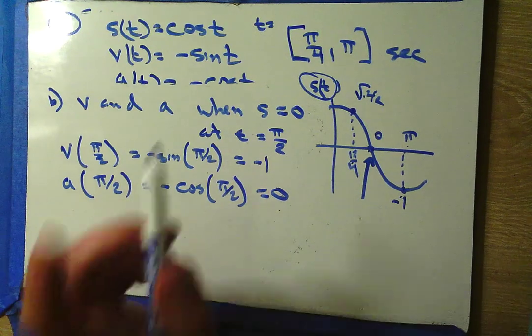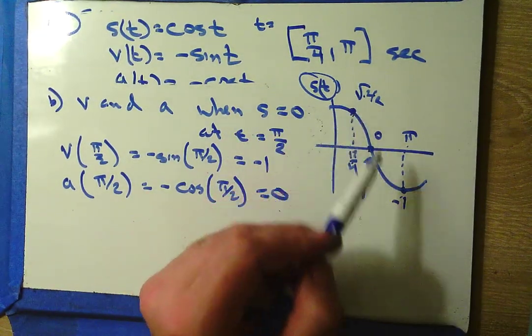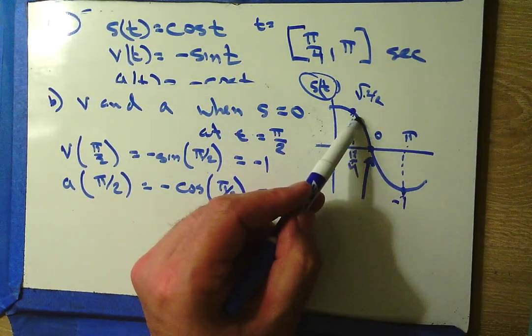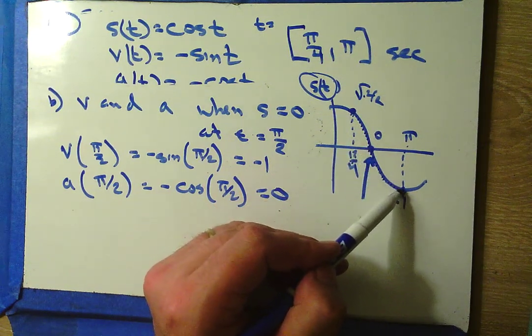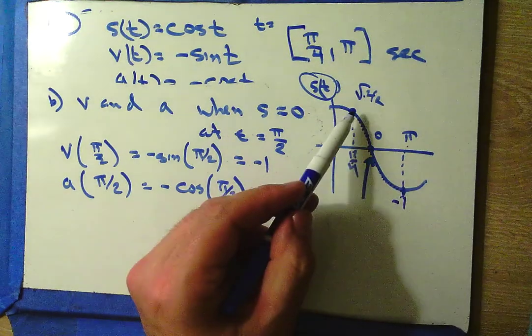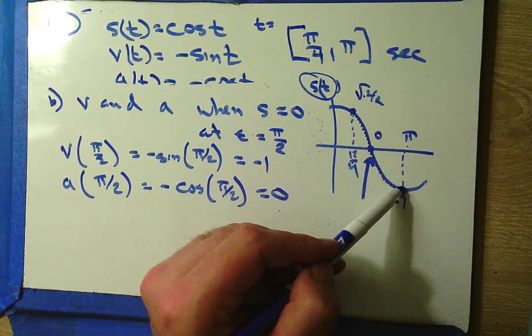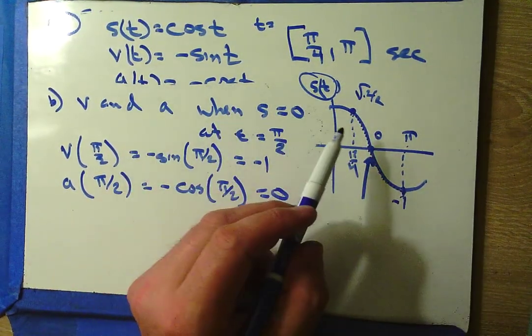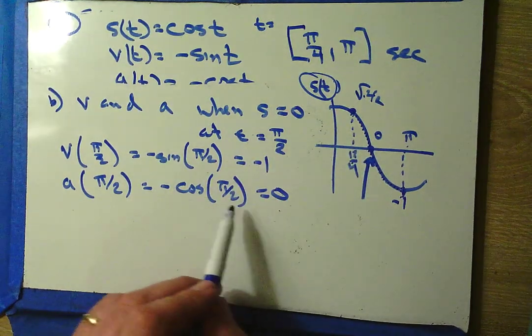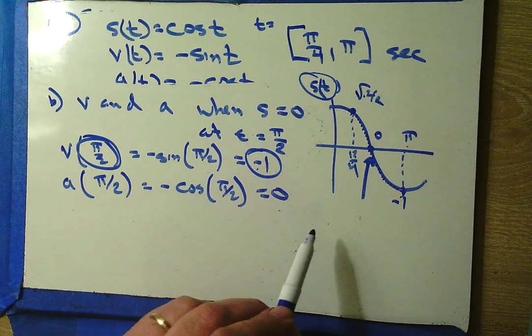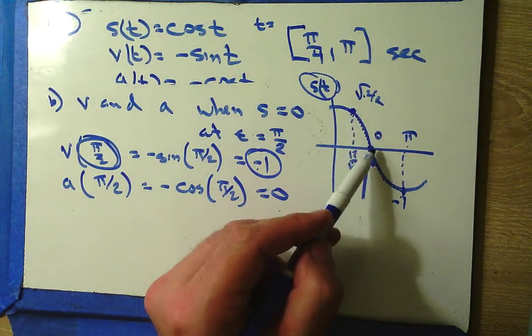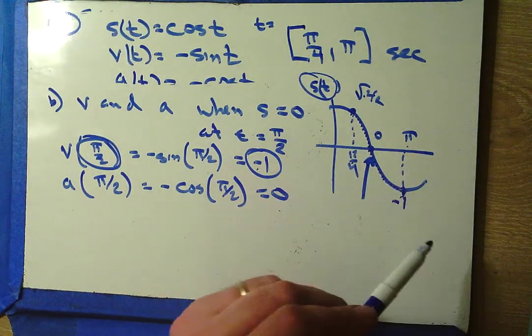Okay, and in fact, we notice from pi over 4 to pi that the slopes here, not the y values, the slopes along this are all negative slopes. And that's why I know this particle is moving to the left, not just at pi over 2, but everywhere from pi over 4 to pi.